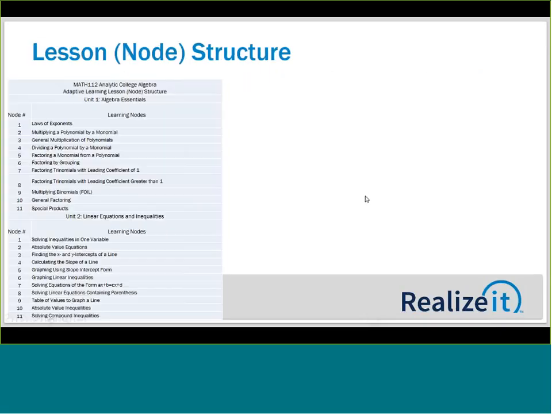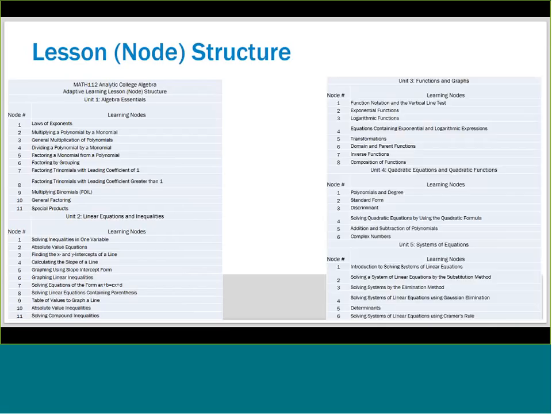Okay, so this is a detailed node structure. And if you look very closely at this, these are topics that are in each unit. We're going to take an analytical college algebra class. In Unit 1, these are the detailed topics to be covered. In Unit 2, this is what needs to be covered. In Unit 3, Unit 4, and Unit 5.